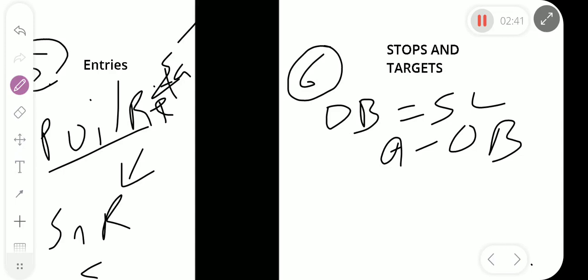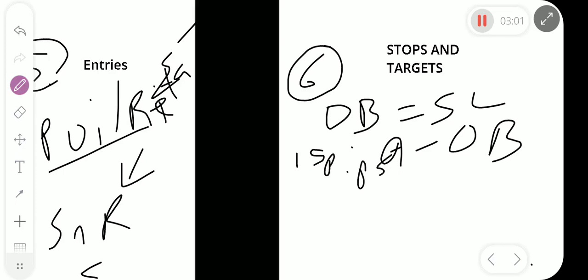Okay, so what about targets? We have a lot of types of targets. We have fixed stops and targets. So let's say you are going to risk 15 pips per trade, right?